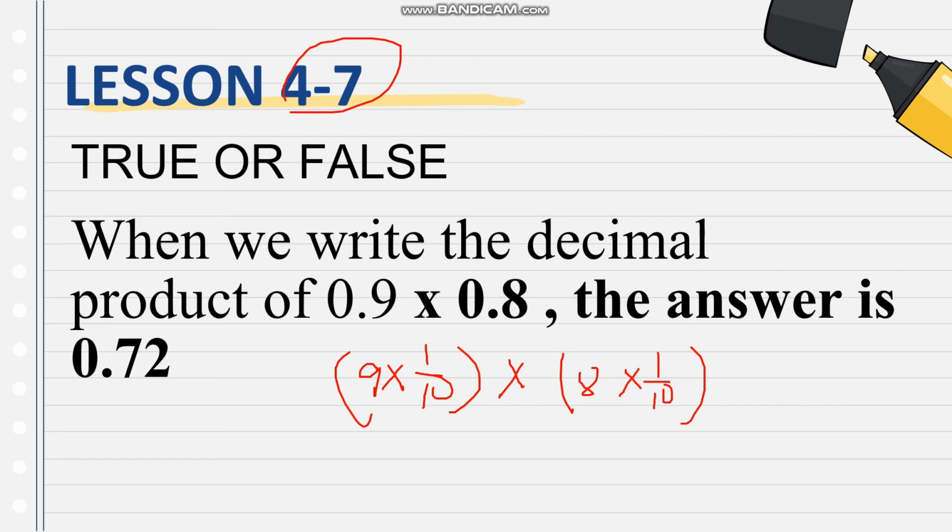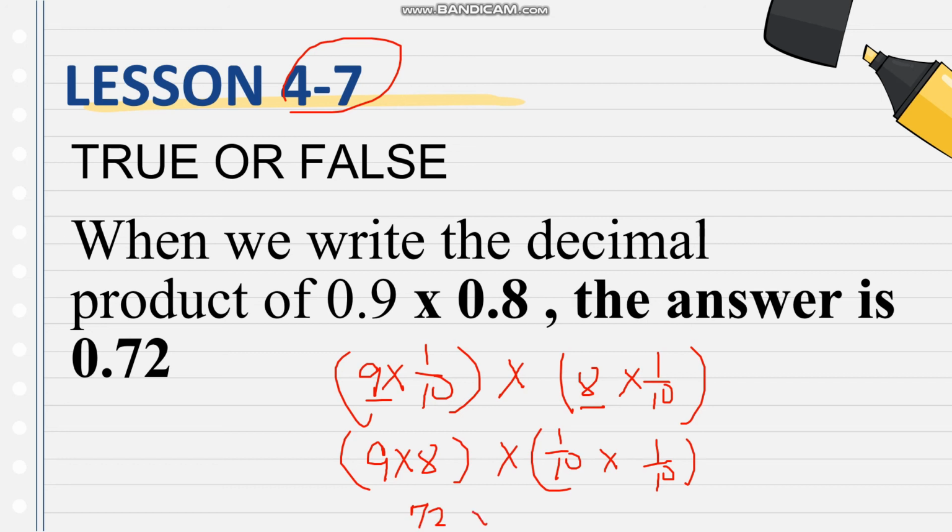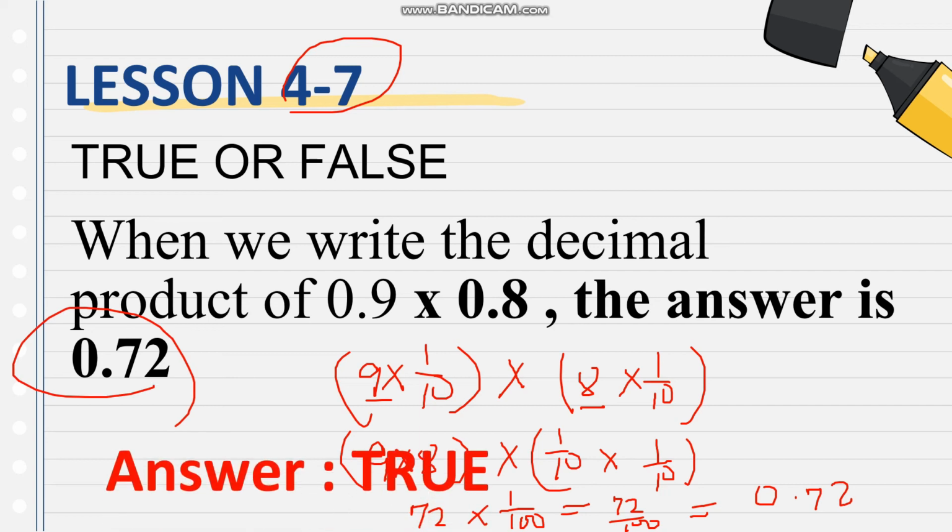I'm going to combine 9 multiplied by 8, then 1/10 multiplied by 1/10. So 9 multiplied by 8 is 72. Then 1 times 1 is 1, and 10 times 10 is 100. So 72 over 100 is 72 hundredths, which means 0.72. That's why that statement is true.